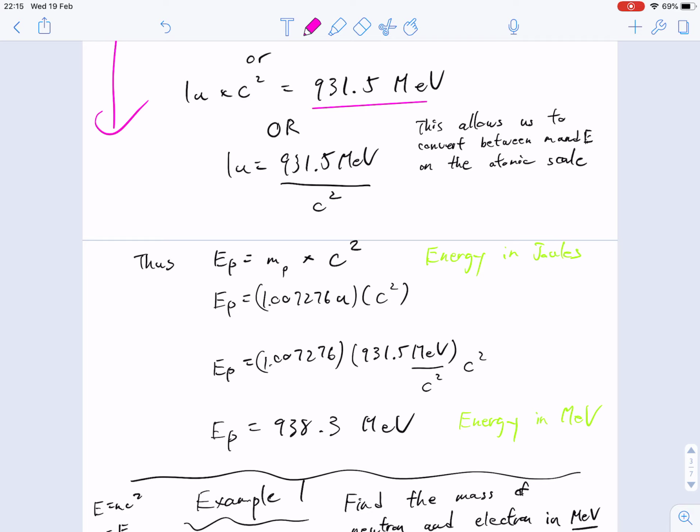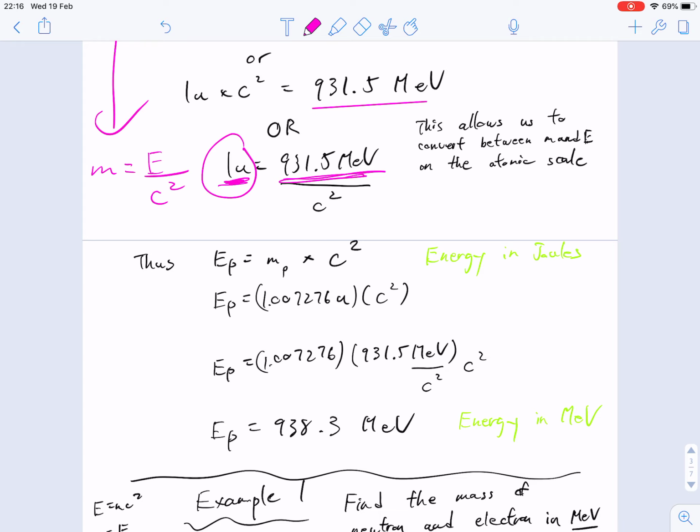E equals mc squared, right? So that's what this really is. And what it's telling us is that if we have something that is a unified atomic mass, then we can simply multiply by this number and we'll automatically get that result in electron volts.